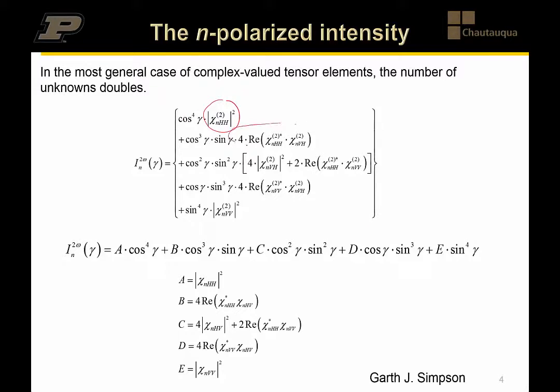And instead of having this be the product, it's the real part of the complex conjugate of one multiplied by the other. So nothing really dramatically different if we allow the tensor elements to be complex valued, except for the fact that we have doubled the number of unknowns, because we have an amplitude and phase for each of the tensor elements, but we still only have 5 observables with 6 now unknowns. We can get around this by referencing the phase relative to one tensor element.